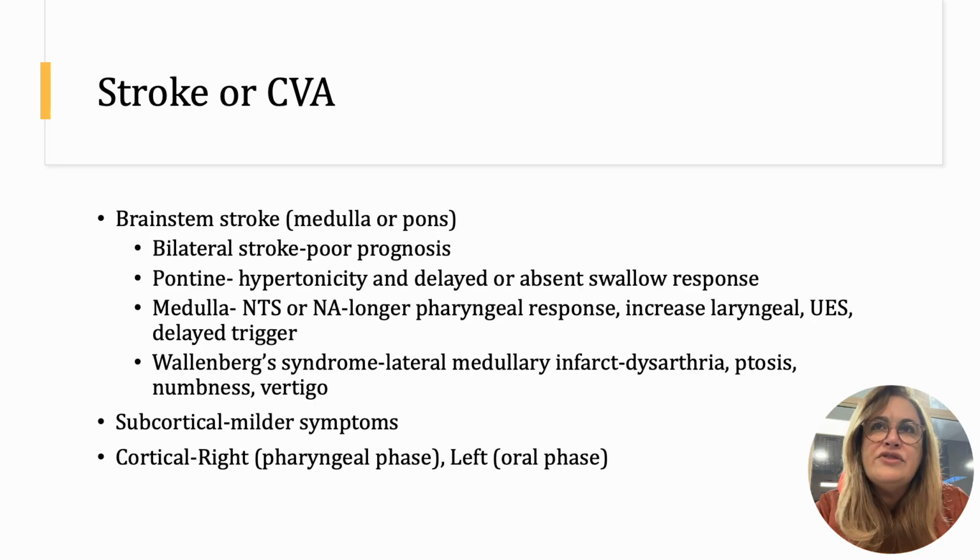Now, going into those etiologies, if you think about strokes or CVAs, you may remember that brainstem strokes are, by default, the ones that are going to for sure have dysphagia.